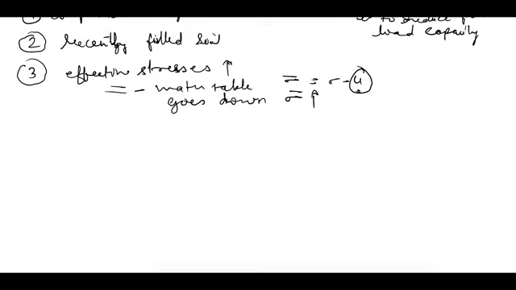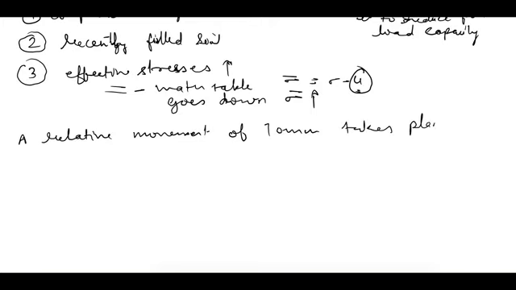If a relative movement of 10 mm takes place between the pile and the soil, this much movement is enough to mobilize the negative skin friction.